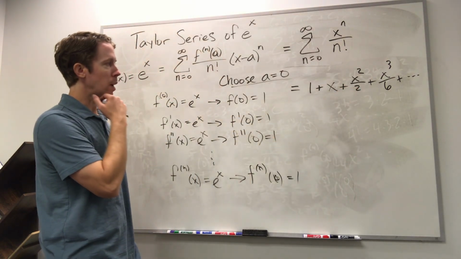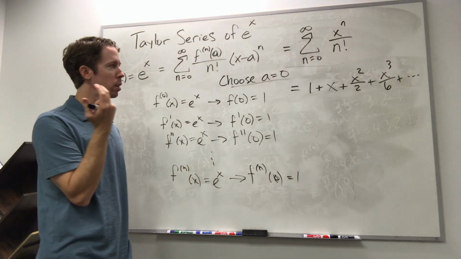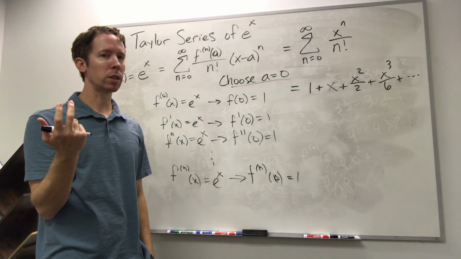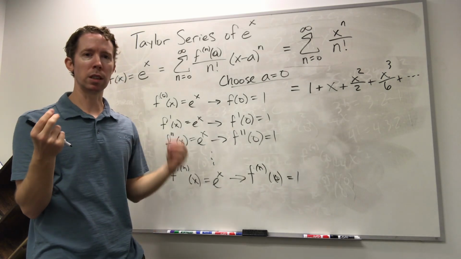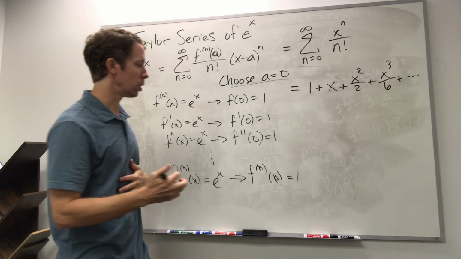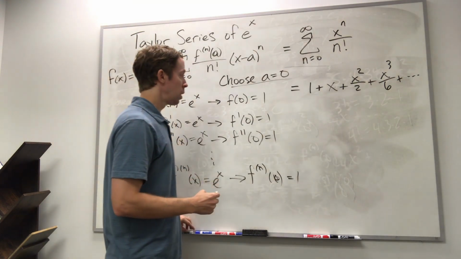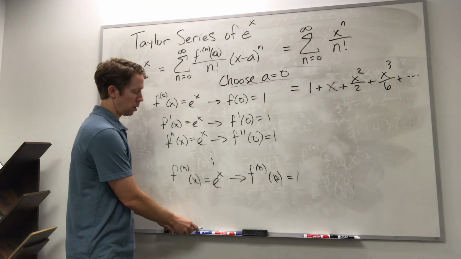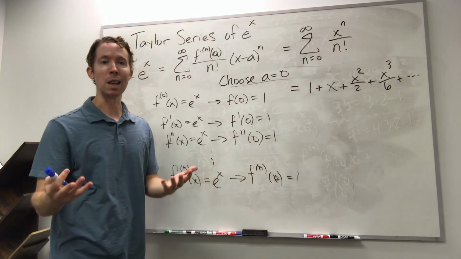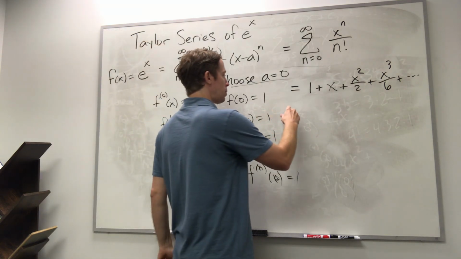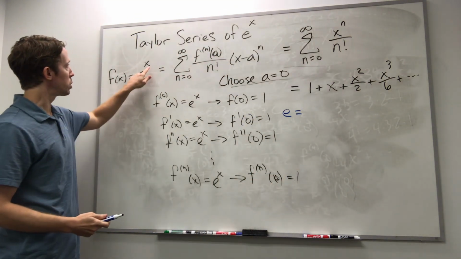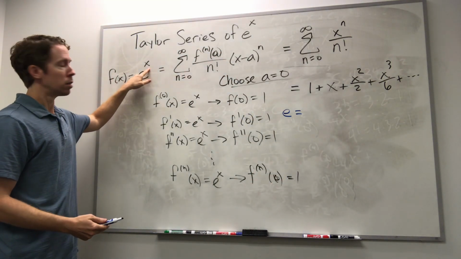Once I've found this thing, one thing I could do with it is approximate numbers. This is probably the least exciting thing you can do with a series, but it's also the easiest to kind of get your hands on and intuitively understand. So let's talk about that for a second. If I want to find an approximation, for example, for the number e, I can do that by just plugging in x equals 1.